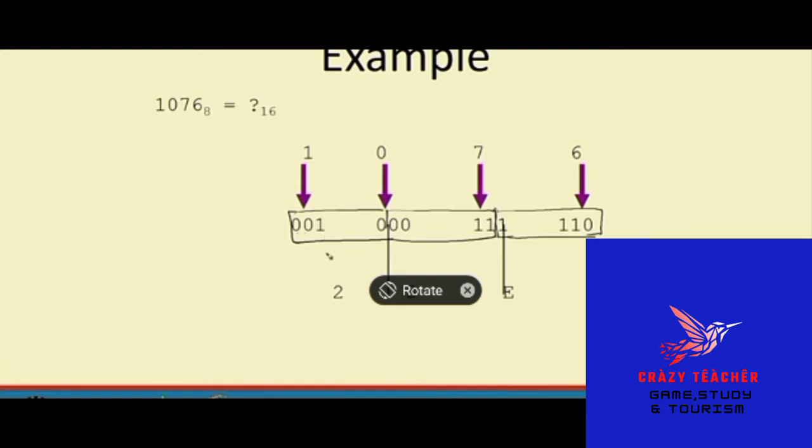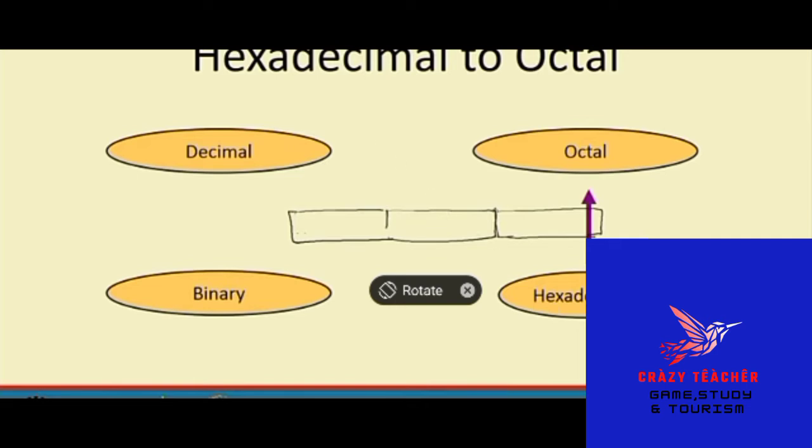First of all, for this 1F0C we write down the corresponding binary representation. We can straight away convert the individual digits to 4-bit binary patterns, and that gives us the binary representation of this number. Now, since I am trying to go to octal, I have to make groups of 3 from the right.